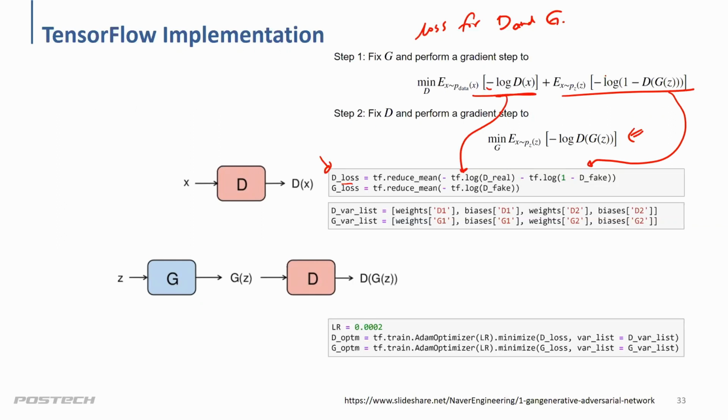And we put a minus because it's a minimization problem. The original, if you remember, was a maximization problem, but I put a minus sign in front of it so that I can convert it to a minimization problem. So this one is for the real data, and this one is the fake. That's how we define the loss for the discriminator. And the loss for the generator, on the other hand, is this one. So this is fake.